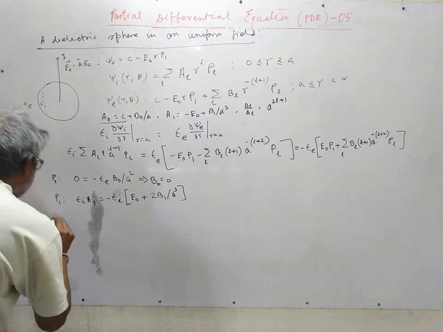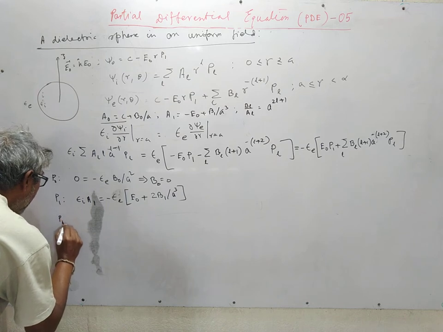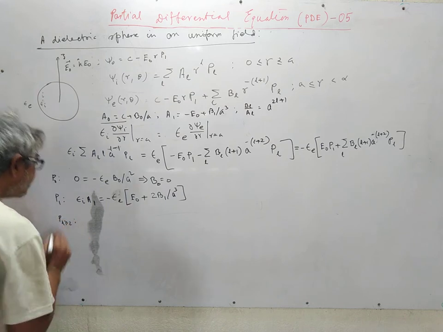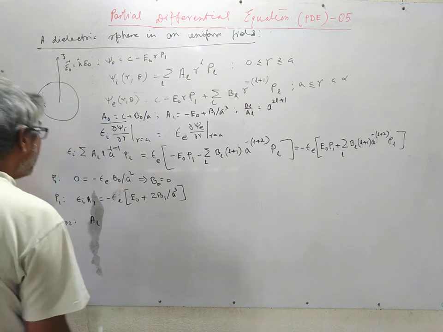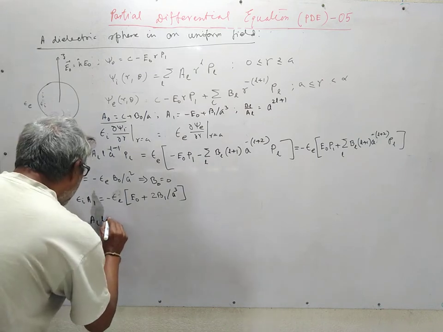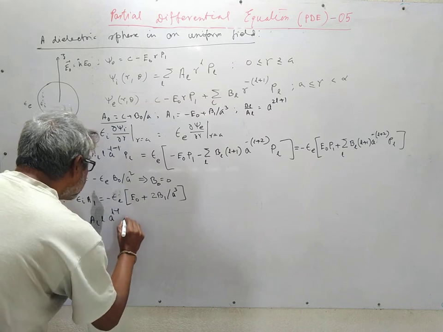And the coefficient of PL with L greater than or equal to 2 gives you epsilon I AL L a to the power minus L plus 1.